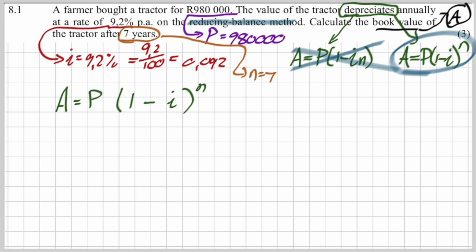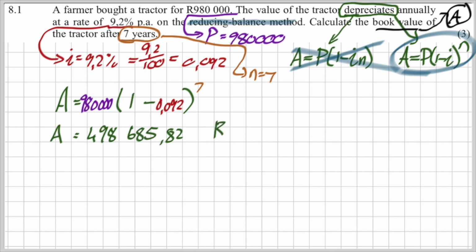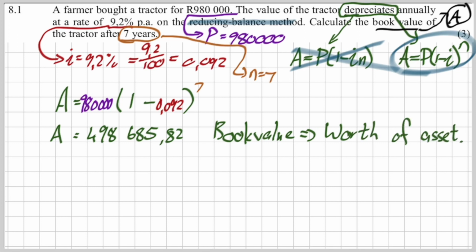I substitute in what I've got. P is 980,000, i and n. Plonk it in my calculator, and I get R498,685.82. Ladies and gentlemen, that is the book value. In other words, it is actually the worth of the asset if they wanted to sell it.